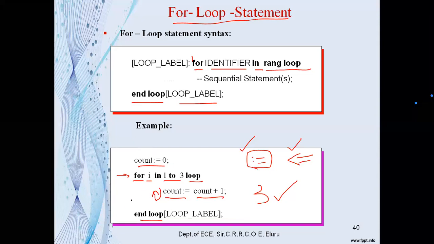So can I use a signal inside of the for loop body? Please respond. Even if you don't know the answer, you can say yes or no. No, sir. No. Anybody else?